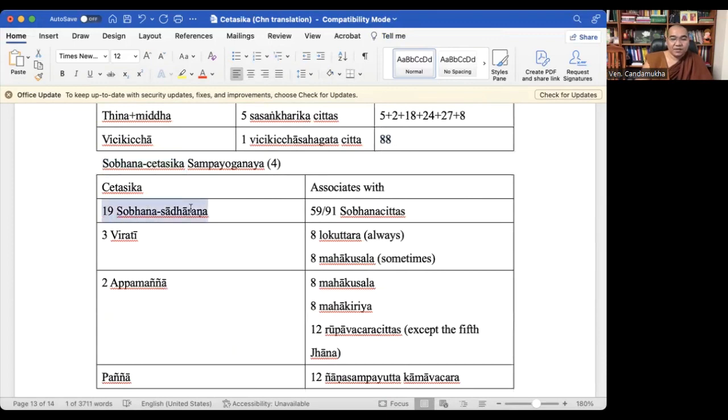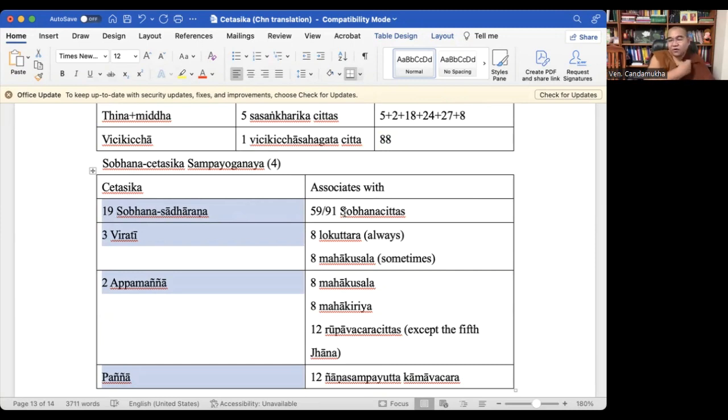Among the Sobhana, beautiful consciousness mental concomitants, we divide into 4 groups. Number 1 group is the 19 Sobhana Sadharana Cetasika, Sobhana Universal. These 19 Cetasika associate with all types of Sobhana Citta, beautiful Citta, starting from the Kamavacara Sobhana and the Mahaggata, Rupa, Arupa, Lokuttara.